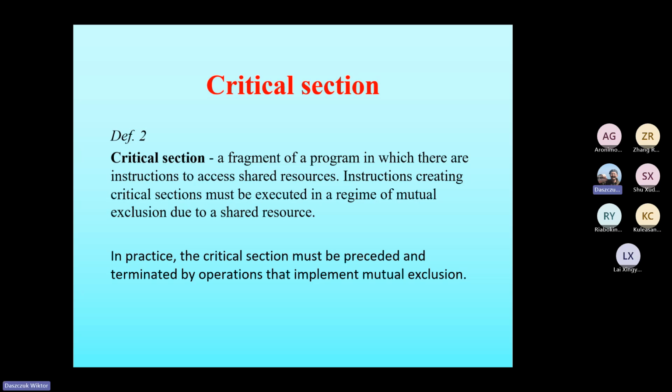Let us imagine a process started an input operation from the disk. And an interrupt comes. So the driver of the disk invokes in the kernel the operation: please wake up this process.